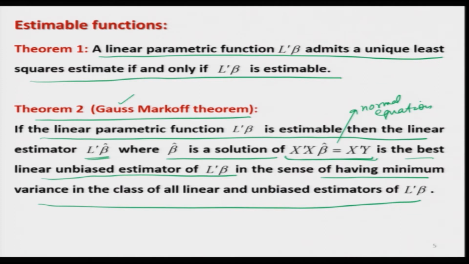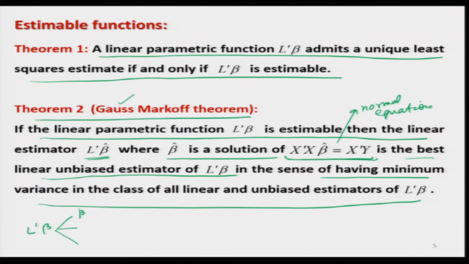This means the following. Suppose I have this linear parametric function L transpose beta, and suppose I want to estimate it. Because beta here is unknown, I need to find an estimator for beta.